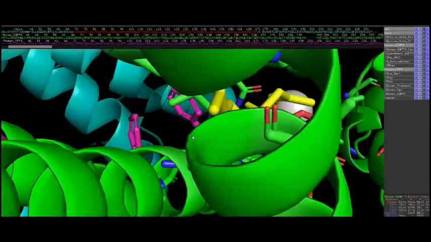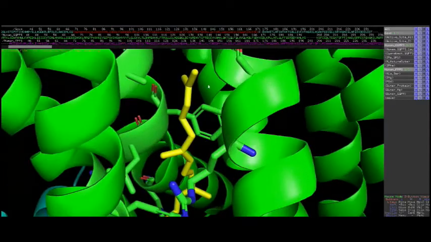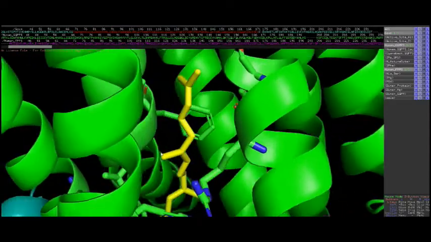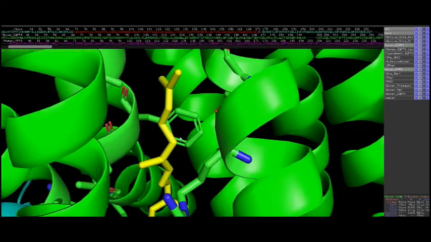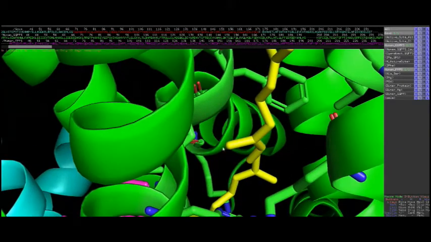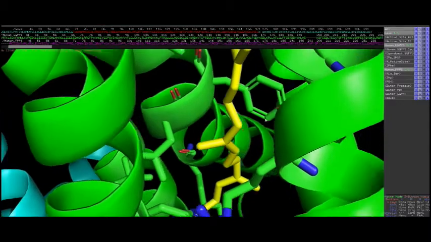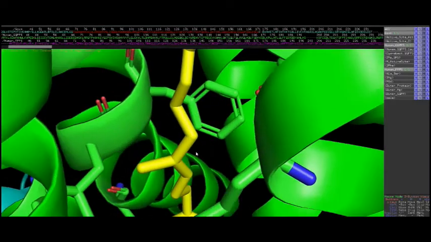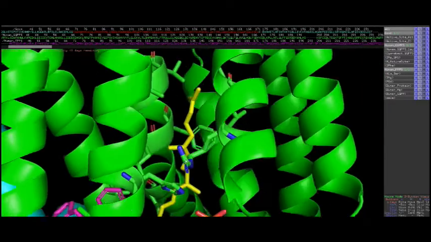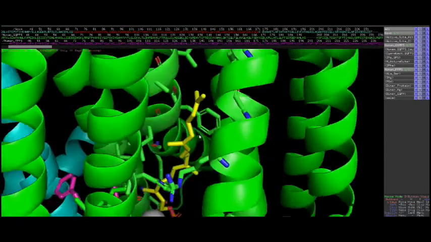And so, like I was saying before, the thing we can notice here is we have a lot of these things like this phenylalanine and this leucine in the active site, and those are hydrophobic amino acids, and they are accommodating this hydrophobic chain from the Geranylgeranyl pyrophosphate.